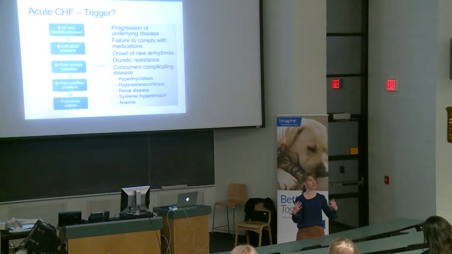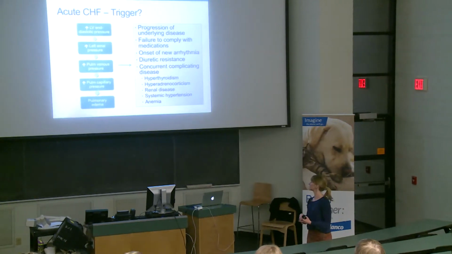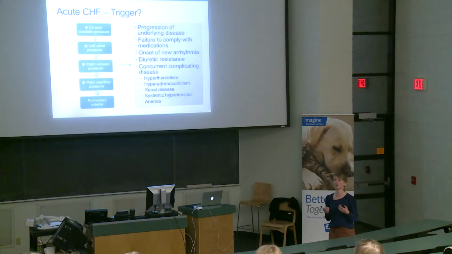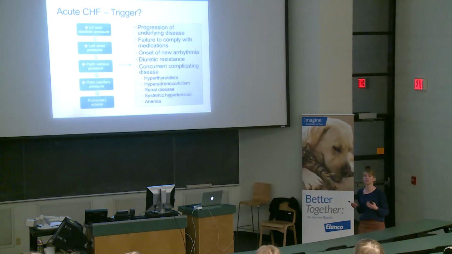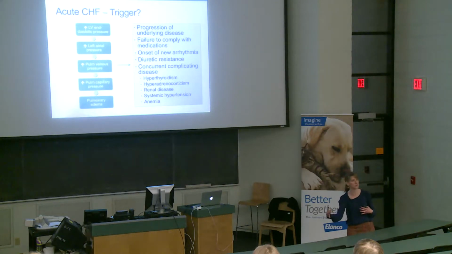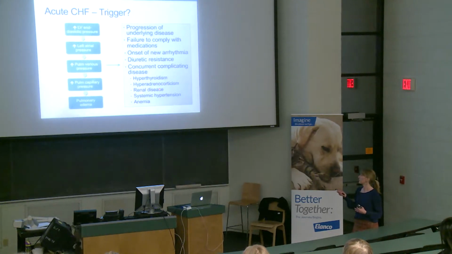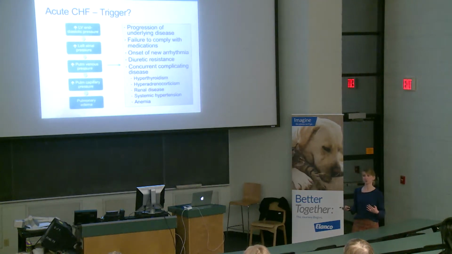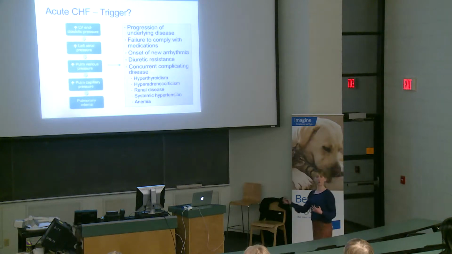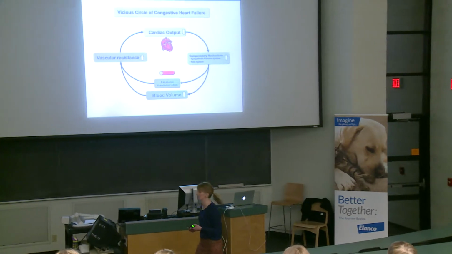So diseases that can cause more volume loading, like hyperthyroidism, hyperadrenocorticism, anemia. Those are diseases that can increase blood volume potentially and disrupt a stable cardiovascular patient. Systemic hypertension, obviously that heart has to work against increased resistance now, so that might be an issue. And renal disease, by virtue of either, again, disrupting volume status or causing hypertension. So those are some things that we sometimes need to think about.